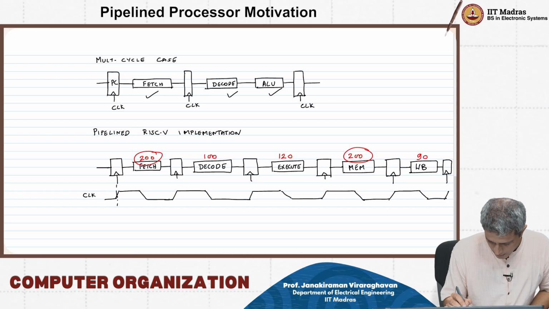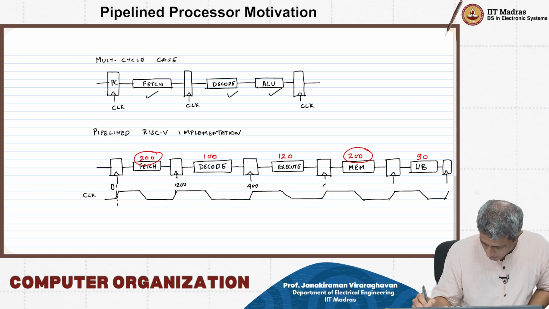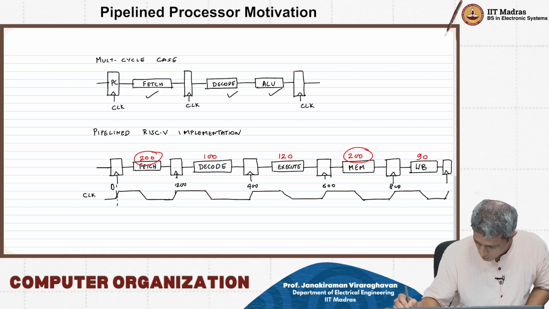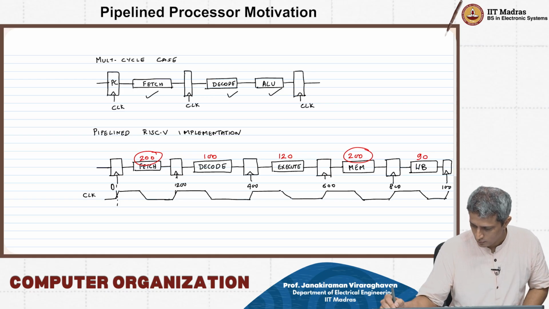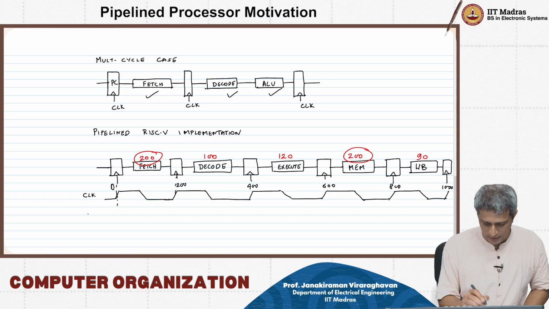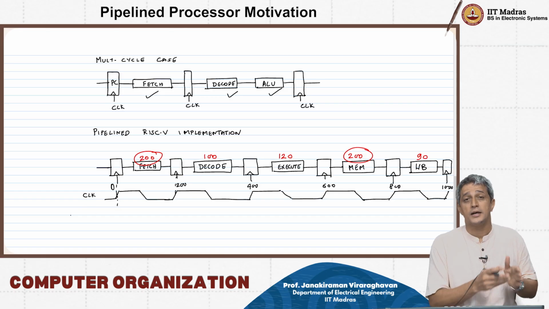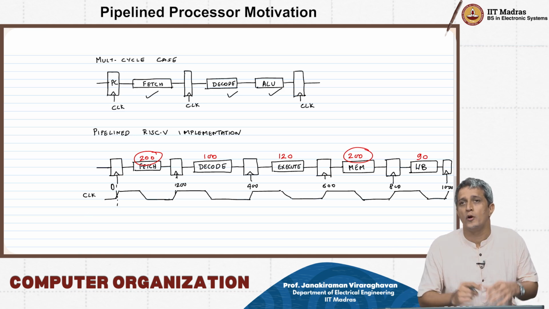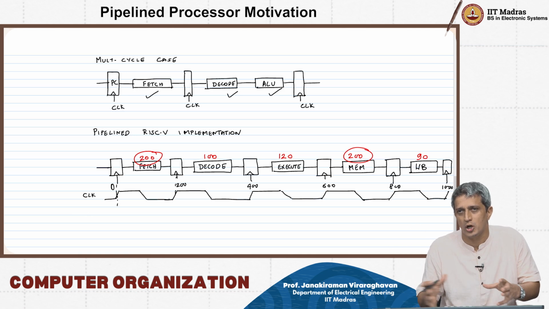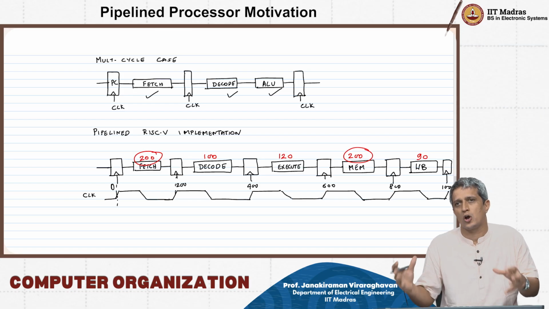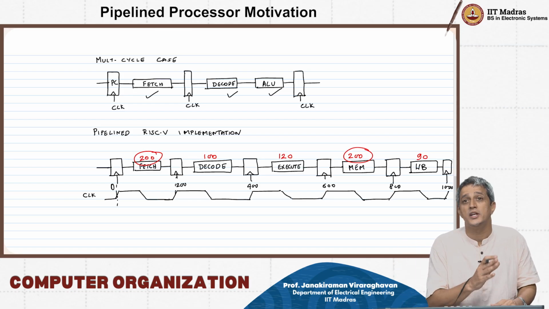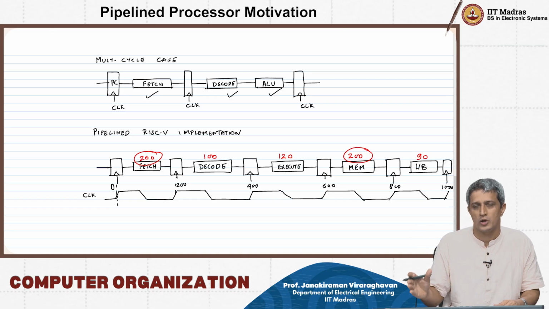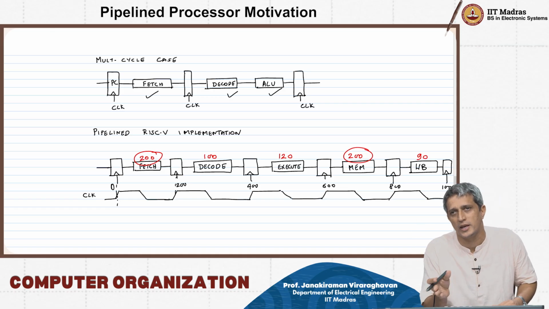I am saying this is going to be 0, 200, 400, 600, 800 and 1000. So if you look at the execution time for a single instruction, it is going to be 1000 picoseconds, because it's going to take about 5 clock cycles to go through these 5 pipelining stages. This is because we broke this into 5 pipelining stages.